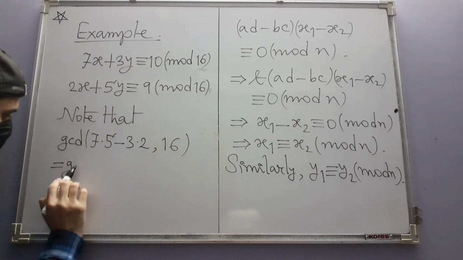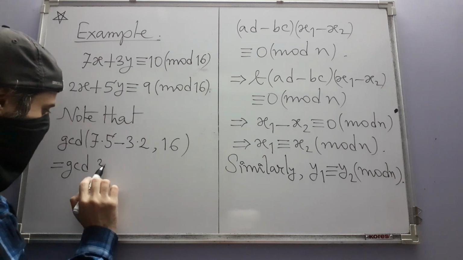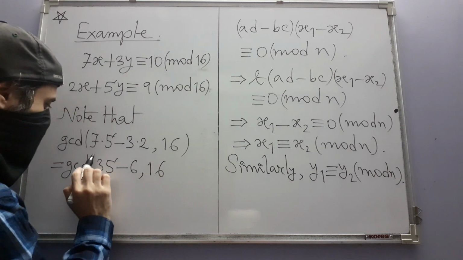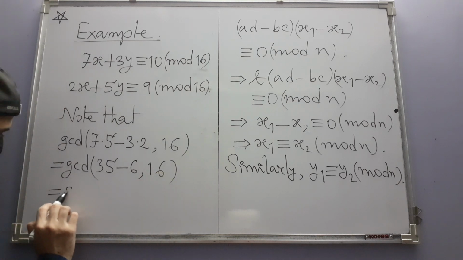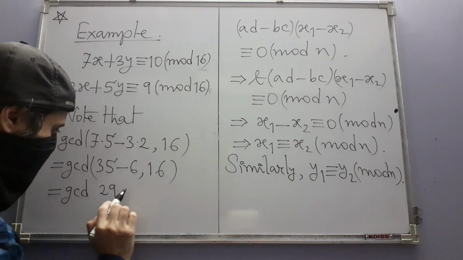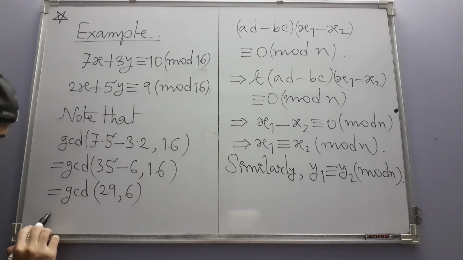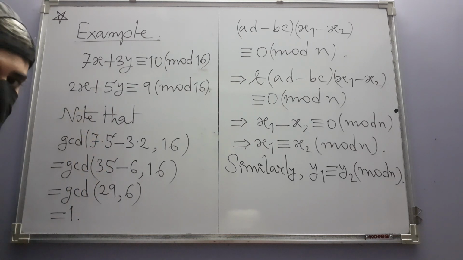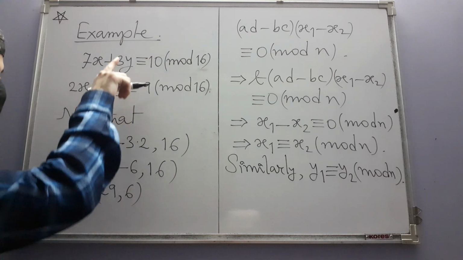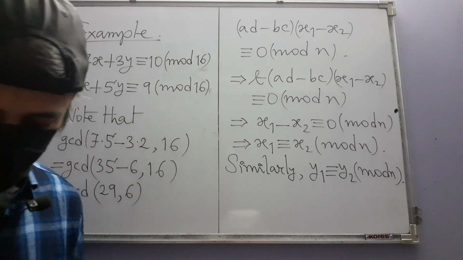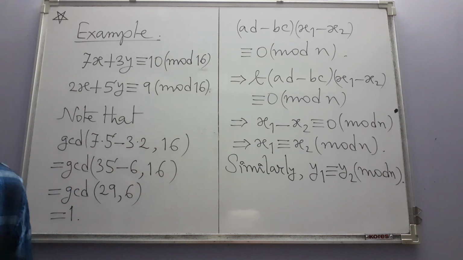So this becomes gcd of 29 and 16, which is 1. Yes, the condition of the above theorem is satisfied here. That means this system of congruences will have a unique solution modulo 16. And next we find that solution.